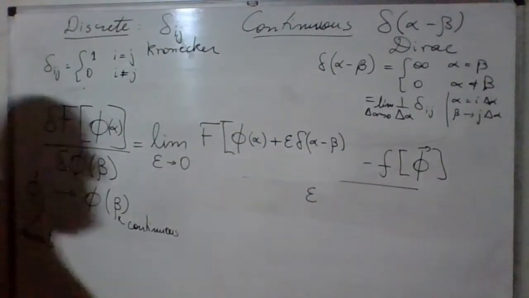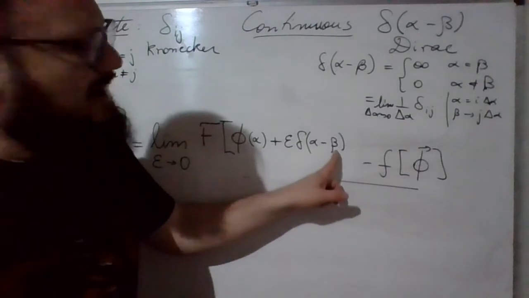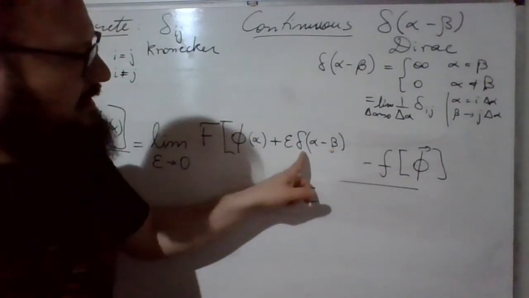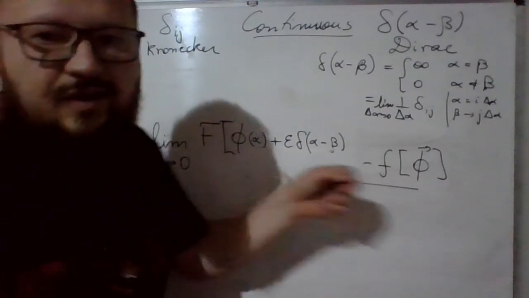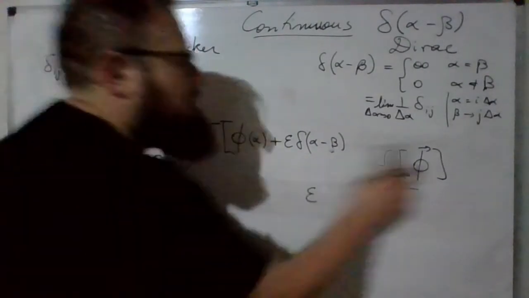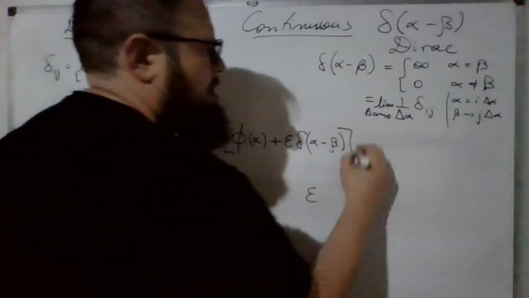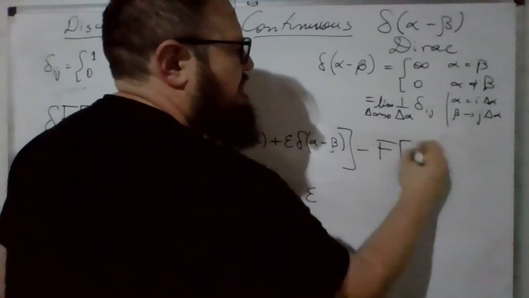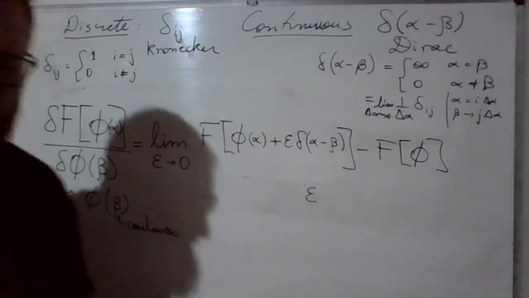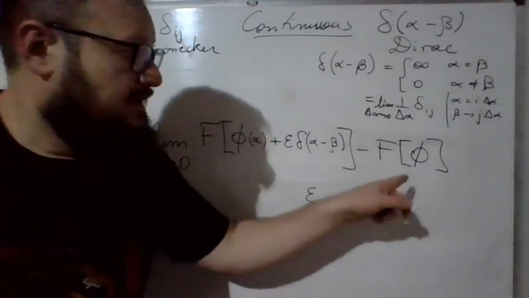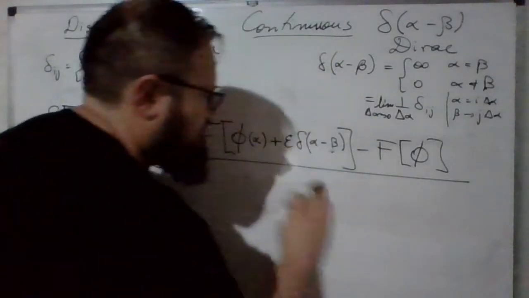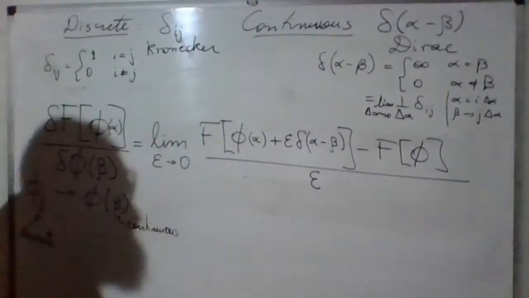So for exactly the phi of beta here, I am introducing a small variation epsilon, minus the functional evaluated at the previous function phi, and it is the same as for a partial derivative.